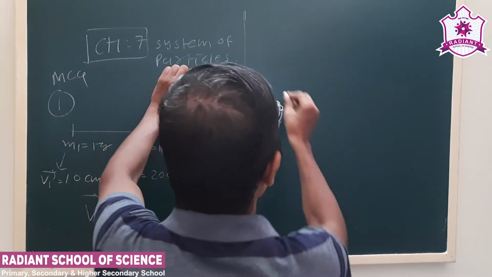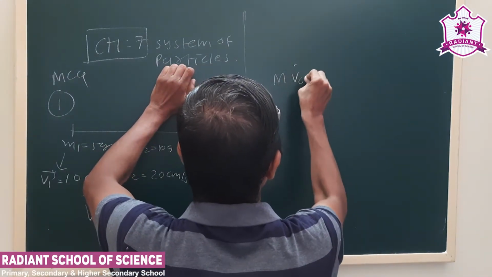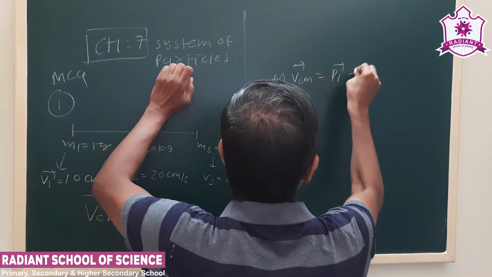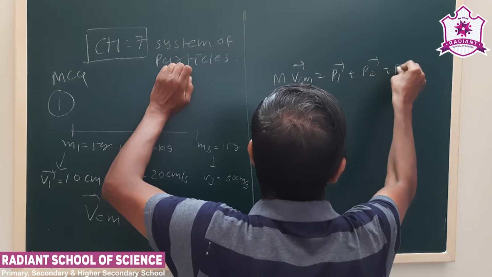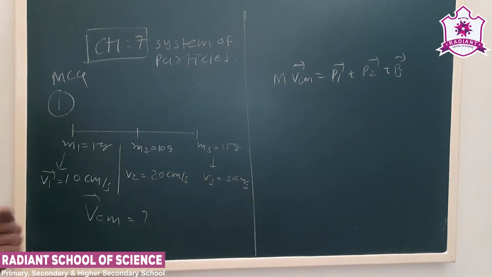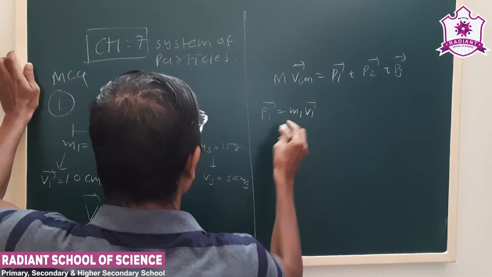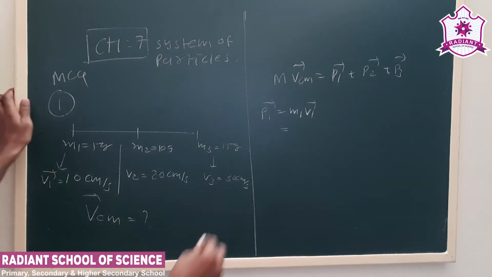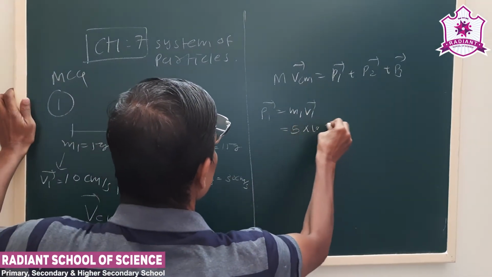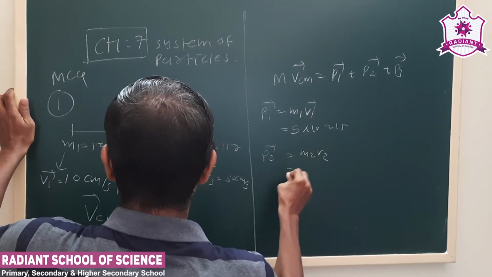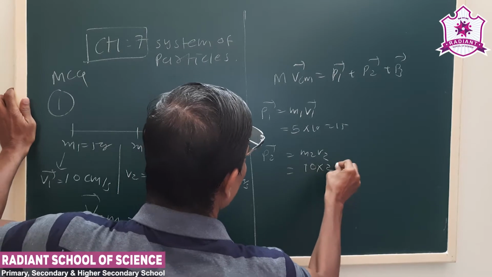Now we have to use the formula M into VCM is P1 plus P2 plus P3. Here P1 is M1 V1, that is 5 into 10. P2 is M2 V2, 10 into 20.